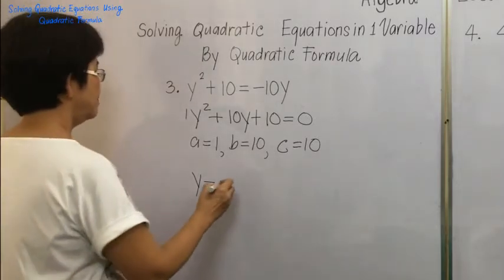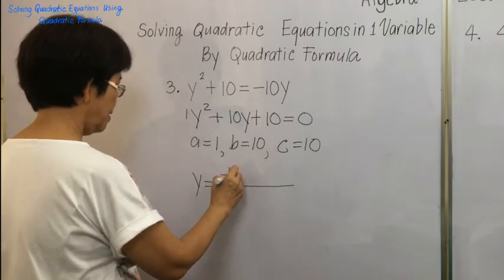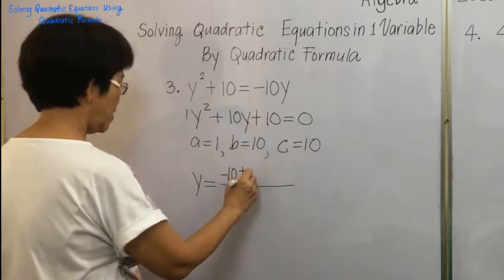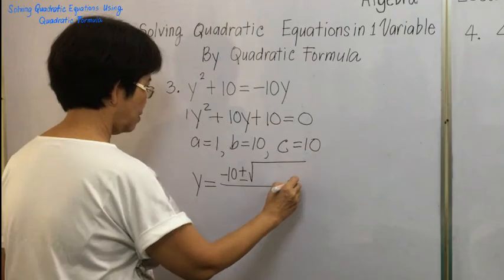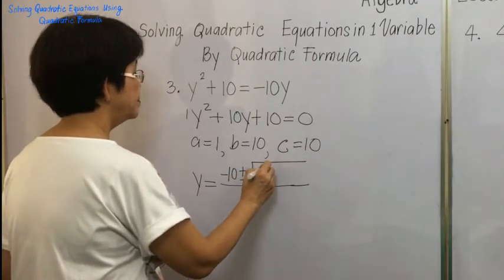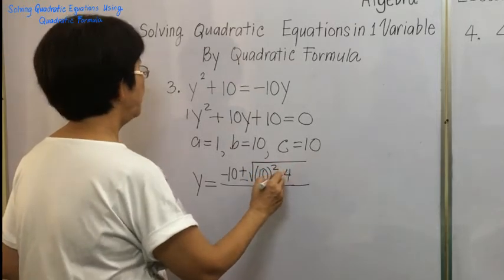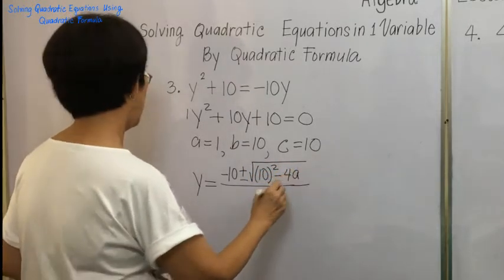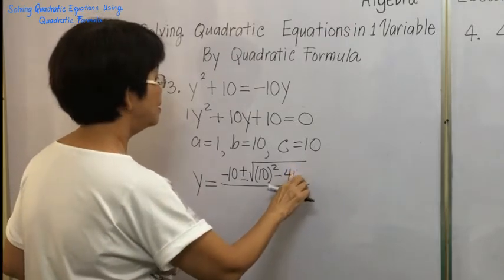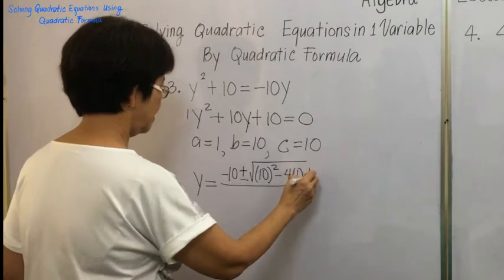So we will use the same formula, but we will just change the variable to y. So we have negative b plus or minus the square root of b squared minus 4a, or a is 1, and then c is 10.